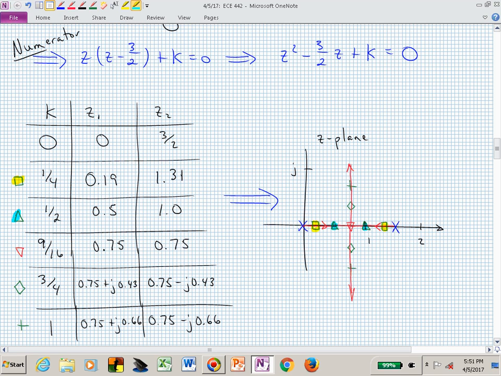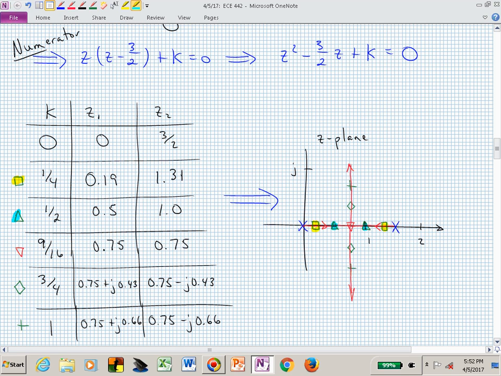And the angles that I will be moving at will be 180 degrees divided by the pole zero excess. The arrows represent the direction of increasing K. So as I increase K, my closed loop poles are moving in the direction of the arrows.